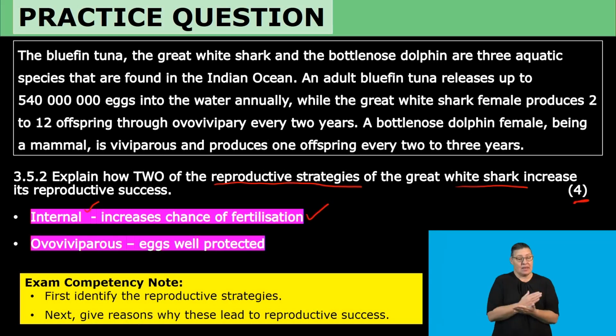Again, looking at the great white shark, we will also agree that it's ovoviviparous. And if it's ovoviviparous, the eggs are well protected. There we have got our 4 marks for our explain question.